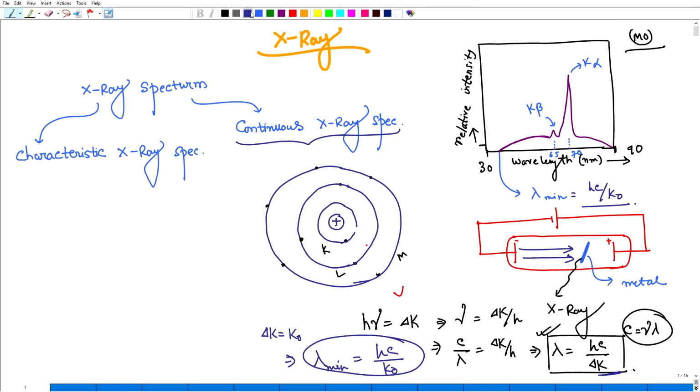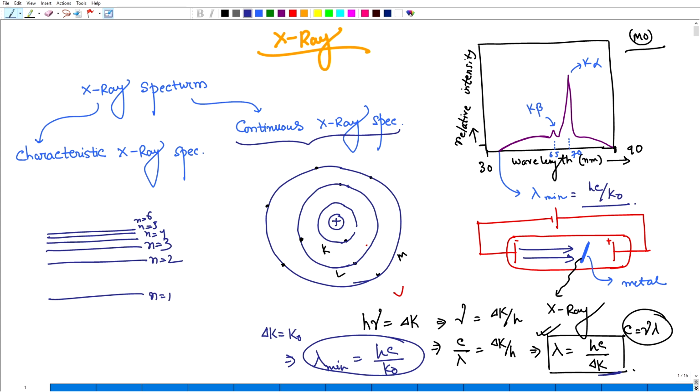Actually, from our discussion of Bohr's model, we know the atomic levels. This is our n equals 1, n equals 2, and these gaps are decreasing, getting closer as this goes on.